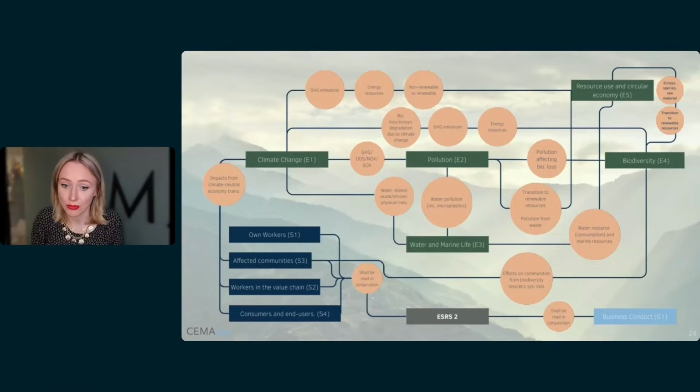So, for example, look at climate change and resource use and circular economy. Here we have greenhouse gas emissions, energy resources, and non-renewable versus renewable resources. So there's a lot of stuff that goes hand in hand. So just make sure that you also take that into consideration, that it is quite dynamic and it goes hand in hand many a time.